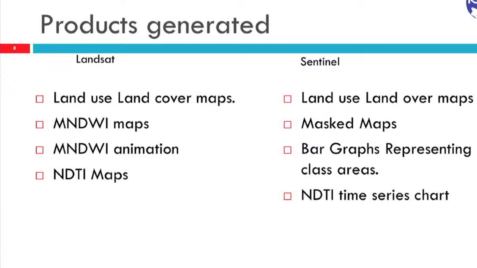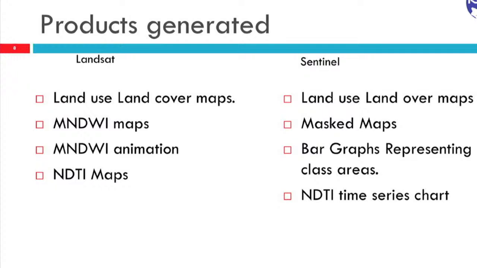Then these are the products that we have generated. We have land-use land cover maps. We use the indices, MNDWI, to enhance the lake or to get the water. We have the NDTI maps. The NDTI, the normalized difference turbidity index, mostly helps in assessing the water quality.